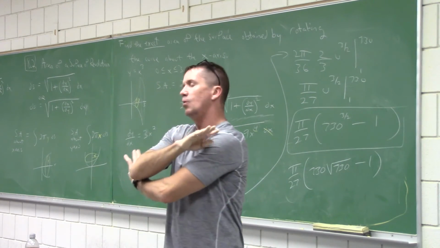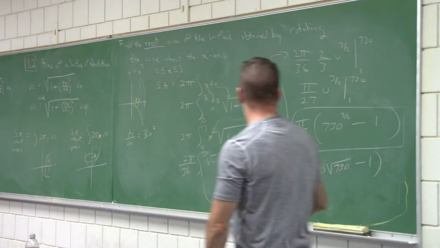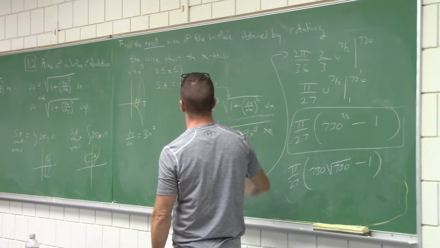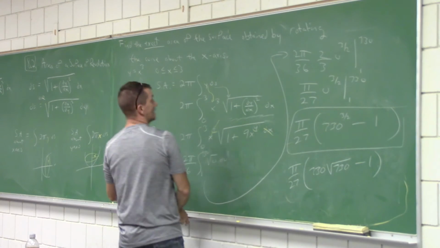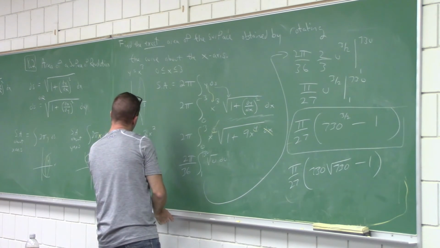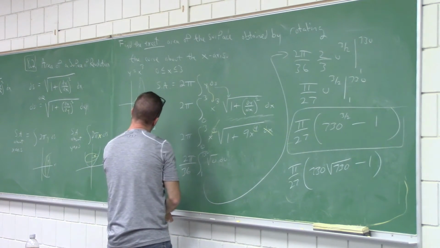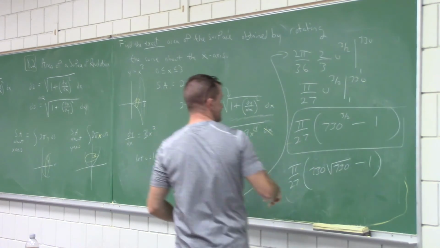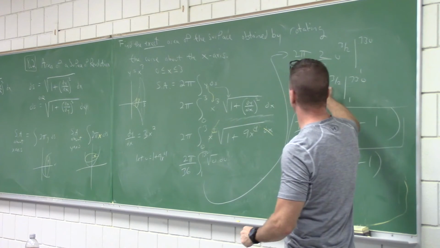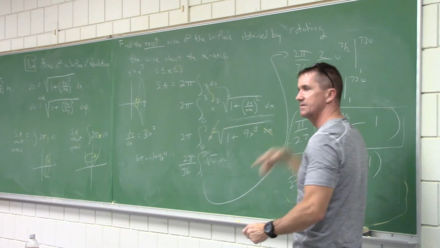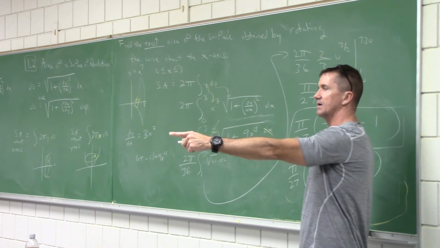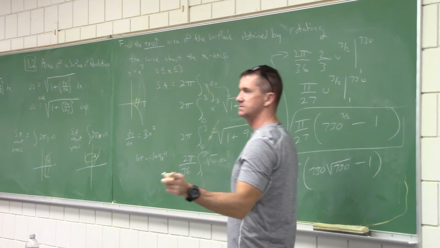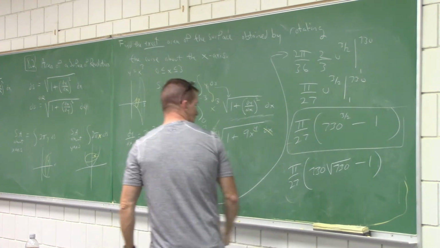They wait, and down here they put back 1 plus 9x to the 4th, raised to the 3/2, from 0 to 3, and you get the same values. Ooh, a hand went up. That's a serious question. Anyone okay with that?